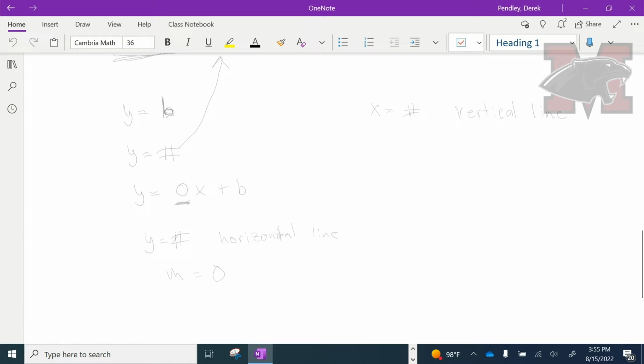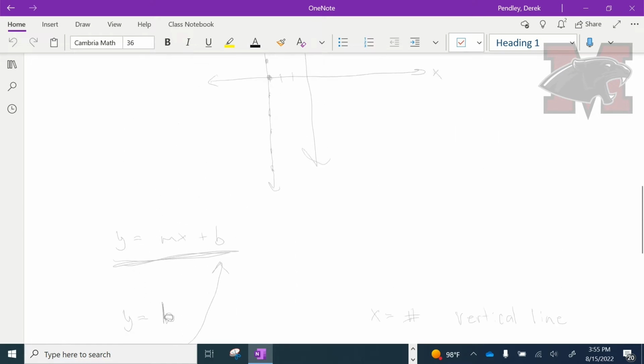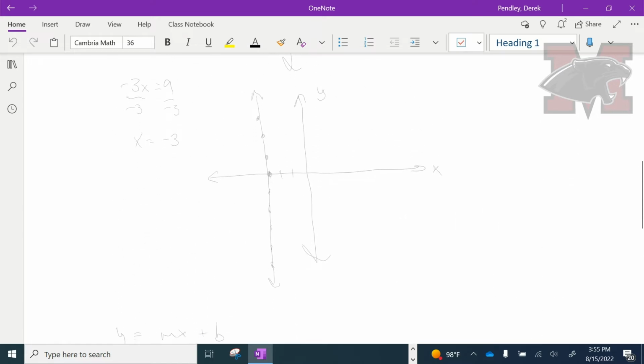So let's break this one down. I'm going to go back to this one right here where x is equal to negative 3. So the slope, you remembered from algebra, was the rise over the run.